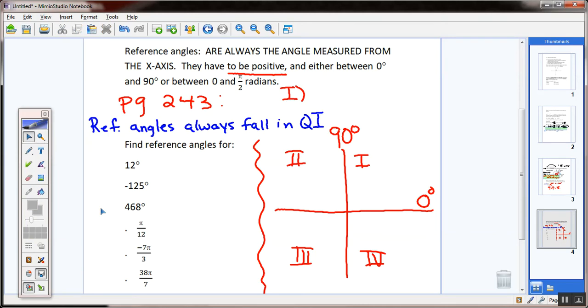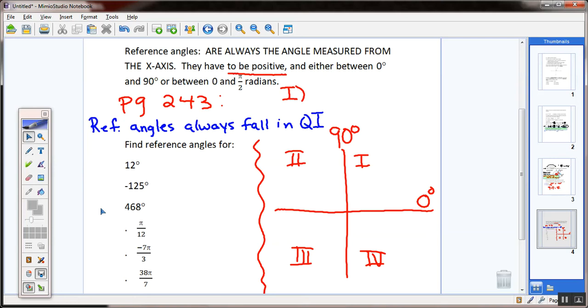So they give us some rules right here, and what they're saying is this. Listen to this right here. Suppose your angle falls in quadrant 1 already. Okay? If your angle is already in quadrant 1, do you need a reference angle? Absolutely not. And that's what this is saying. If you read this yellow box down here, this is saying for any angle alpha that's between 0 and 2 pi, its reference angle, which we define as alpha prime, is defined by, you see where it says part A there?